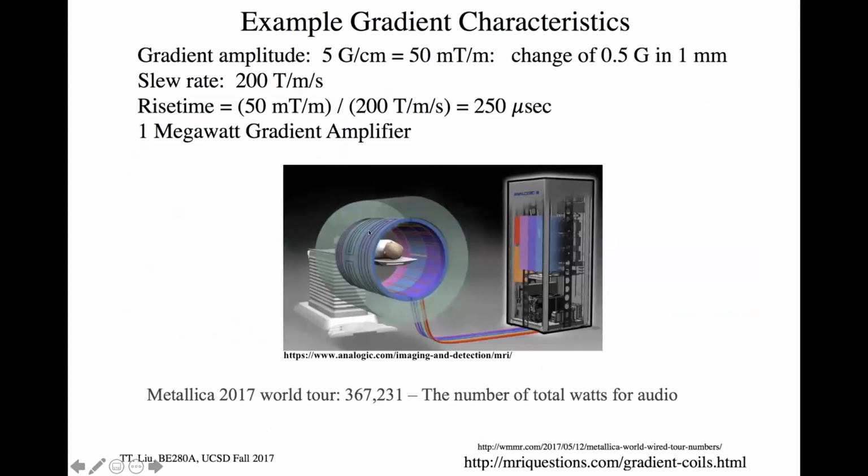Those gradient coils, these strips of wire here that have current pulsed in them, actually have a lot of current pulsed in them. They are ramped up to very high current values, and in order to get them to a high current value in a hurry, so you don't spend too long ramping up the current, you have to use a very high watt amplifier, with high voltage, high watts.